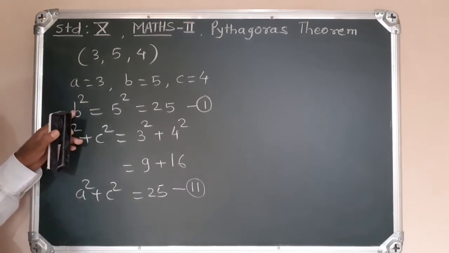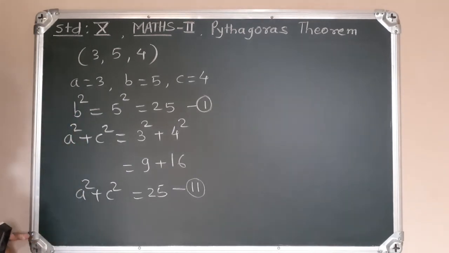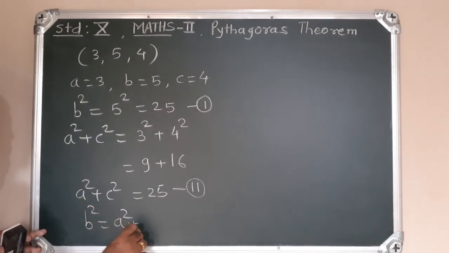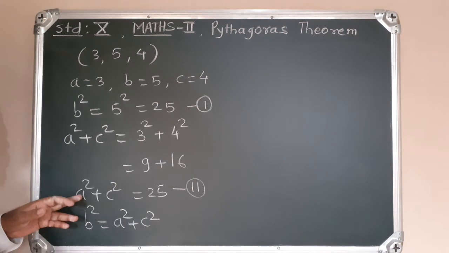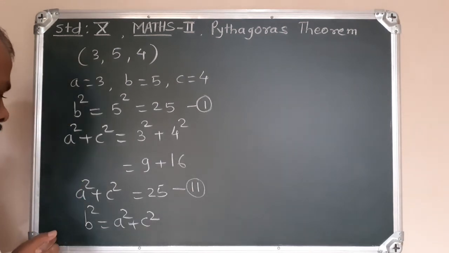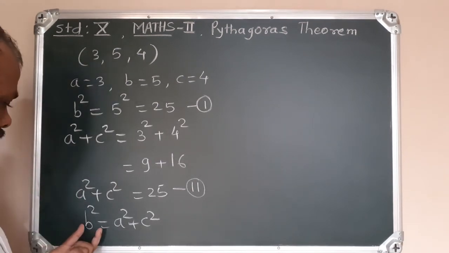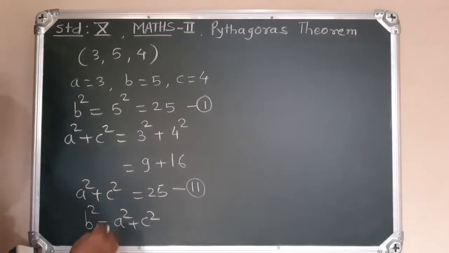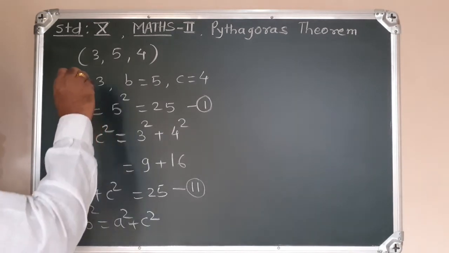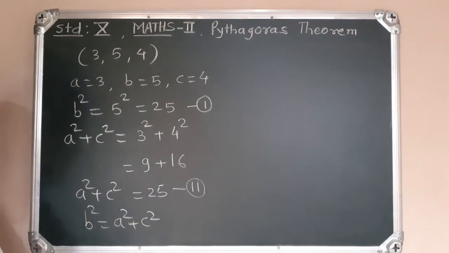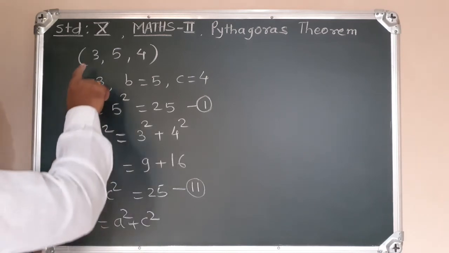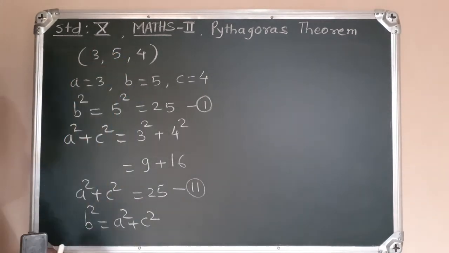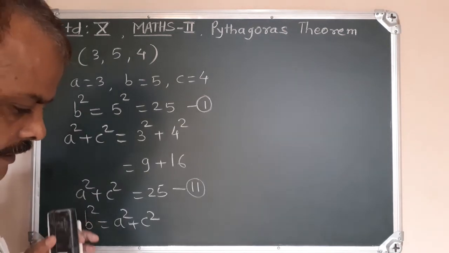From equation 1 and equation 2 we can write B square is equal to A square plus C square. That means A square plus C square is equal to B square. If B square is equal to A square plus C square, then this given triplet is a Pythagorean triplet. So 3, 5, 4 is a Pythagorean triplet.